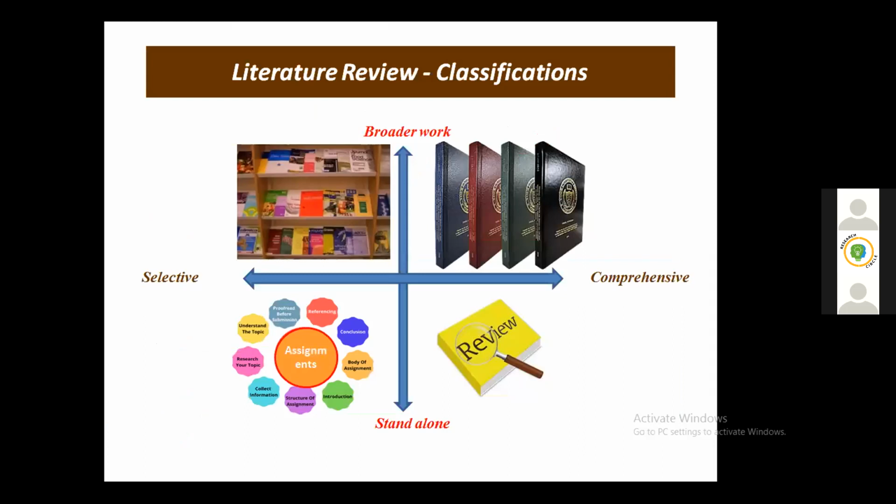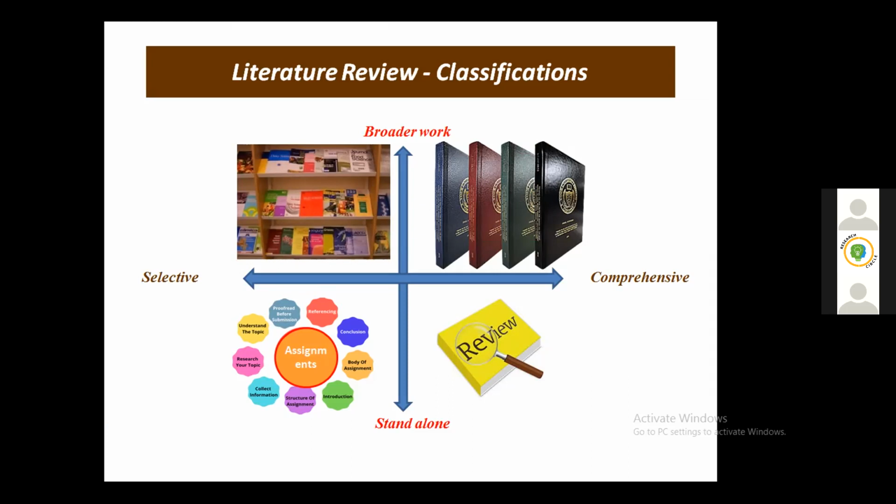And there are four types of literature review based on the nature. It can be comprehensive or selective. That is one type, whether it includes everything, that is comprehensive, or if only a selective area is identified, then you have the horizontal separation, comprehensive or selective.